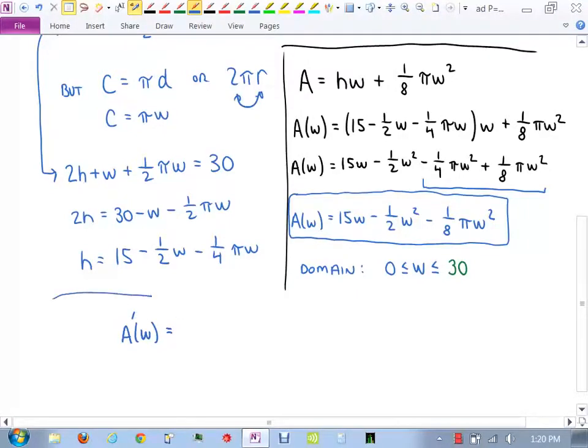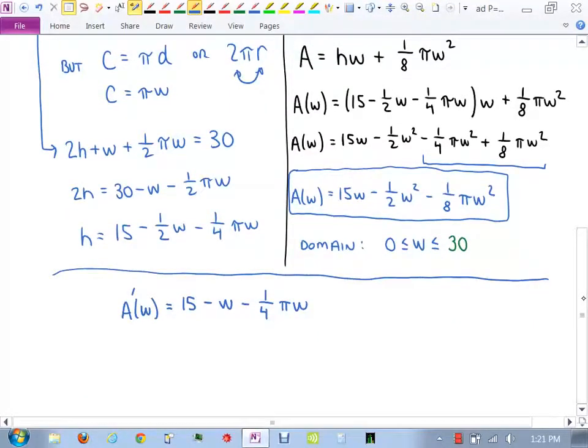What's A prime? 15 minus 1w, minus 1/4 pi w. Everyone agree with that? What do you do with that? Set it to 0 and figure out where it's undefined.